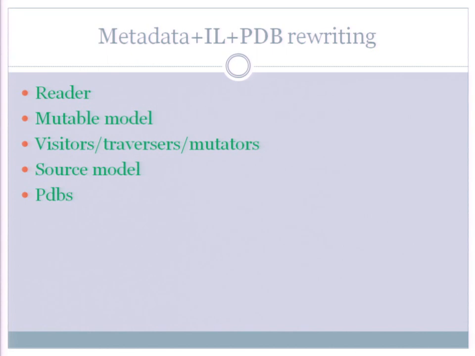And this is all supported by the idea of visitors, traversers, and mutators. Unlike System.Reflection, every interface in this model supports the notion of dispatching a visitor. There's a dispatch method and an IVisitor interface, and you can throw in the IVisitor and it's going to call the right overload on it, and then you will visit the thing.